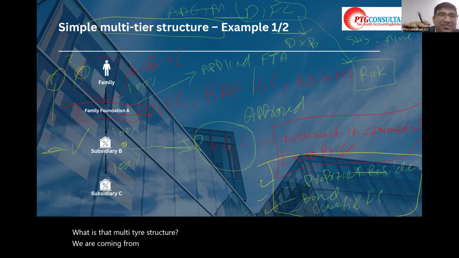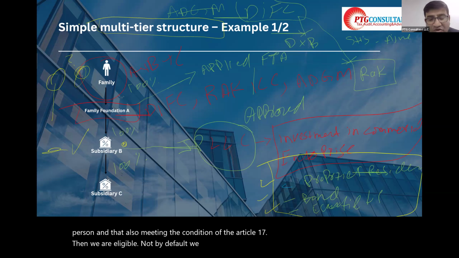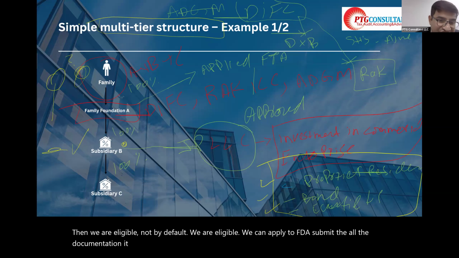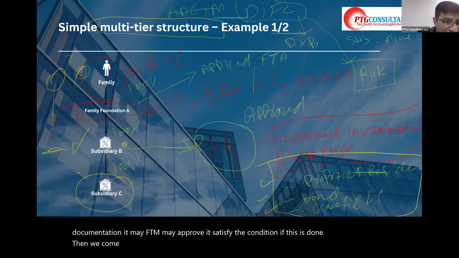If the exempt person is owned by another taxable person, and that also meets the condition of Article 17, then we are eligible. Not by default. We can apply to the FTA, submit all the documentation, and the FTA may approve if it satisfies the condition. If this is done, then we come up here and can do the same process over here.